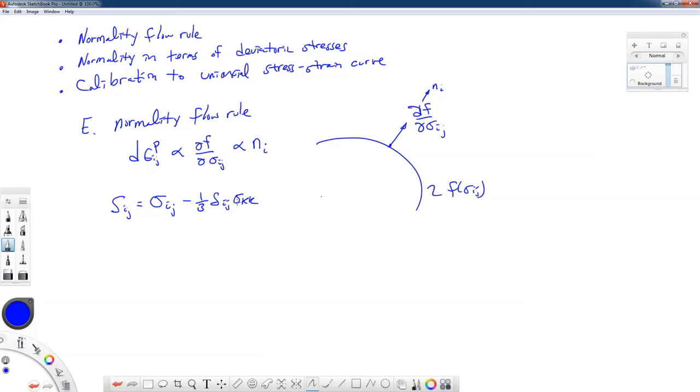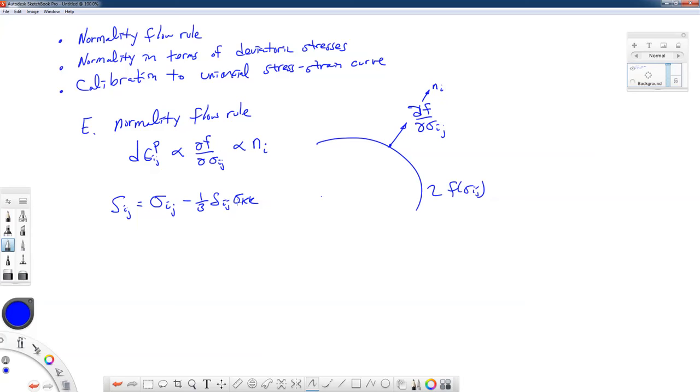And the deviatoric stresses effectively remove the effect of hydrostatic stress from the stress tensor, due to our assumption that a lot of our metals yield independent of hydrostatic stress.